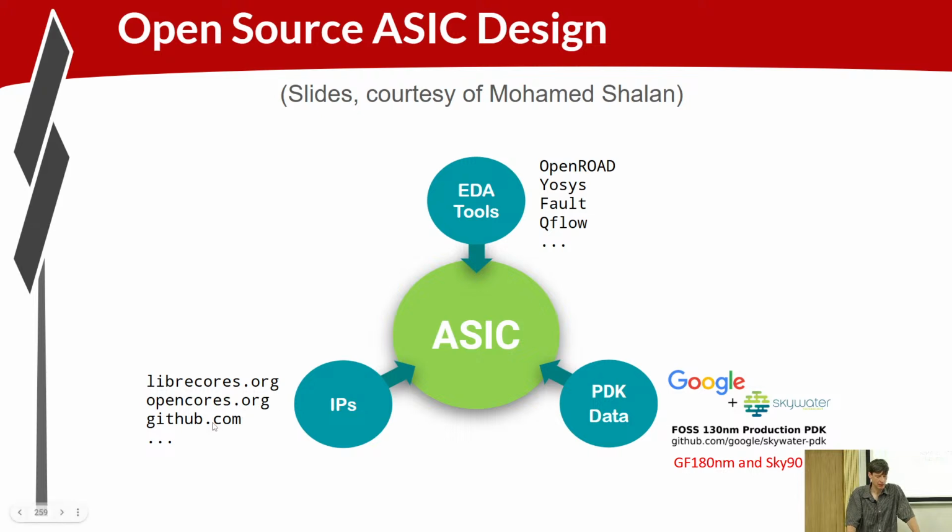So basically, GitHub or GitLab or any other Git host to get your open source IPs that are part of your design. And then there's the PDK, the process development kit that defines the technology that you're using to implement your circuits. So these all come together to feed the process of developing your ASIC.